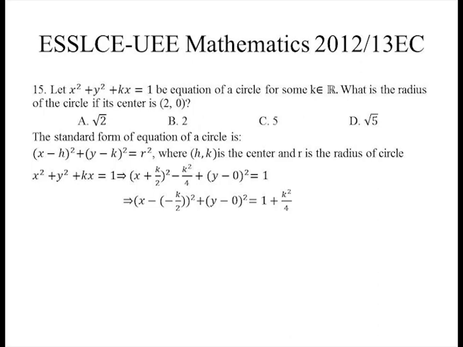In this expression, (negative k over 2, 0) is the center, and 1 plus k squared over 4 is equal to the radius squared.